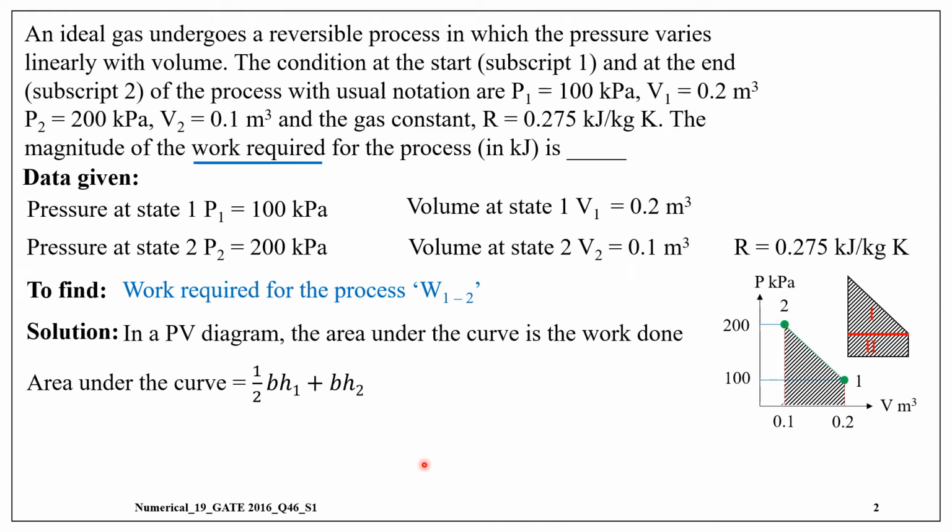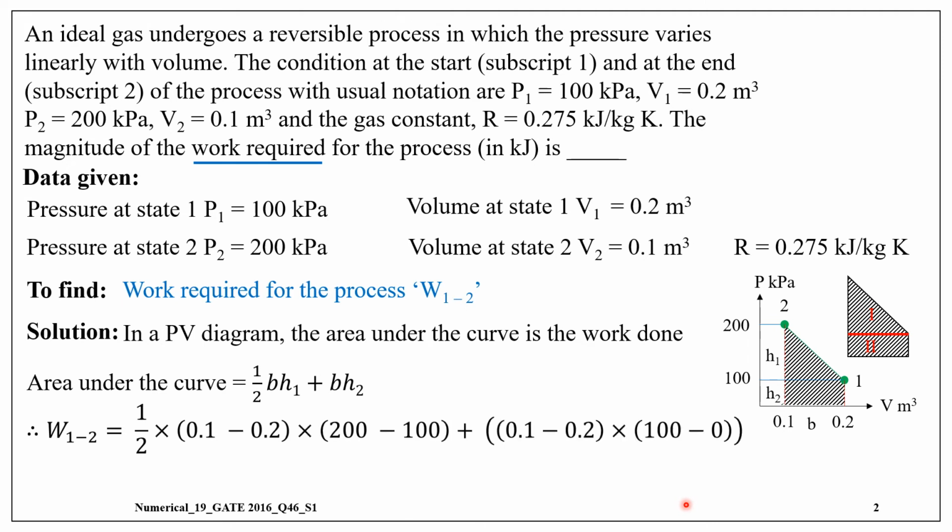And what is this B, H1, H2? B is the difference in volume between the end states. H1, H2 are self-explanatory.